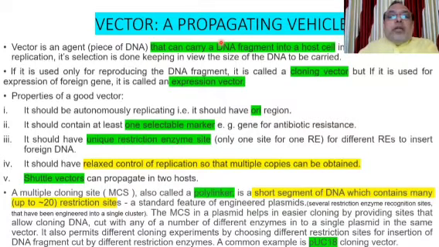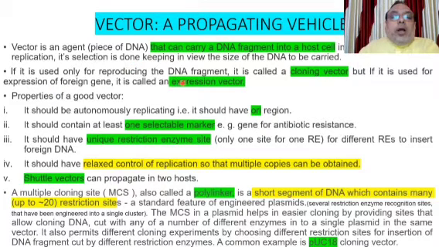So an important characteristic of a vehicle is that it should not be clumsy, it should not be very long, rather it should have accommodative space so that it could accommodate a very long stretch of DNA or a number of different fragments of DNA, so that in one go we can clone so many stretches of DNA which we desire to clone.